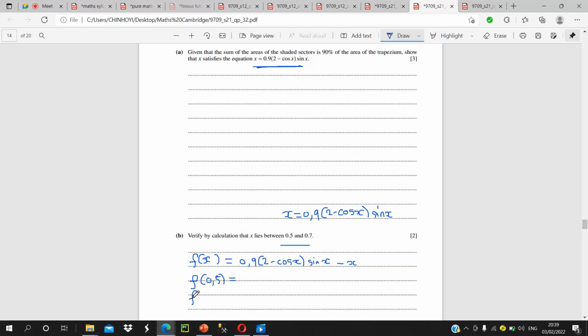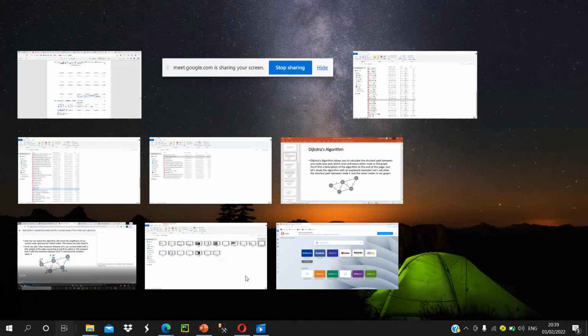Here, f of 0.7. What do you get for 0.5? 0.48. You get 0.48.